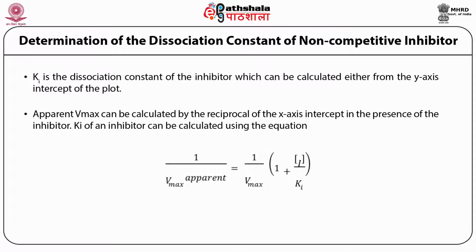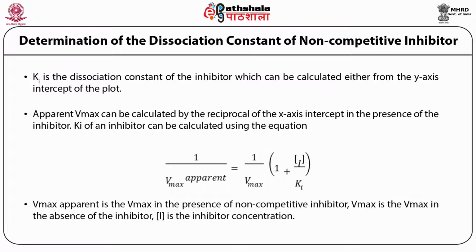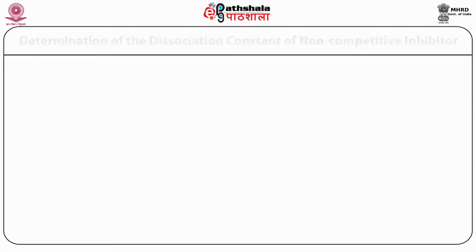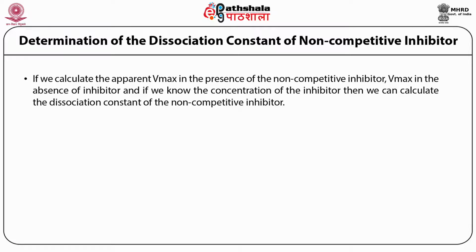In this way, when we have two plots, we can see the y-axis intercept. From that, we can determine 1 by Vmax in the presence of inhibitor, and from the normal graph we will know the Vmax of enzyme in absence of inhibitor. If you determine both and you know the concentration of inhibitor, you can determine the dissociation constant of inhibitor that works with non-competitive mechanism.